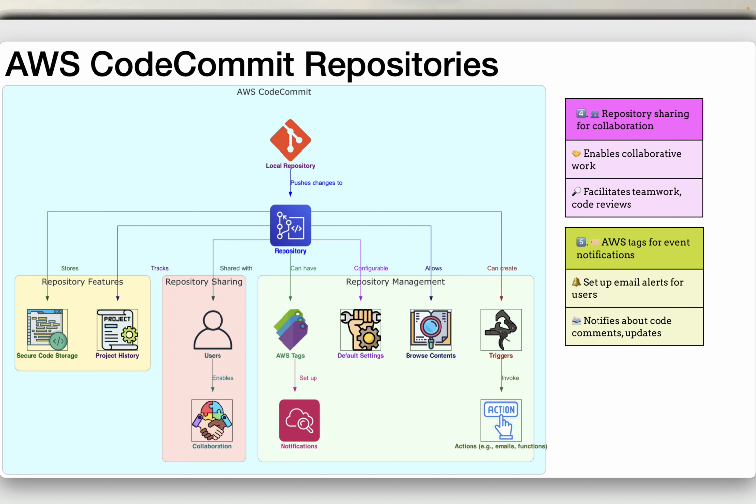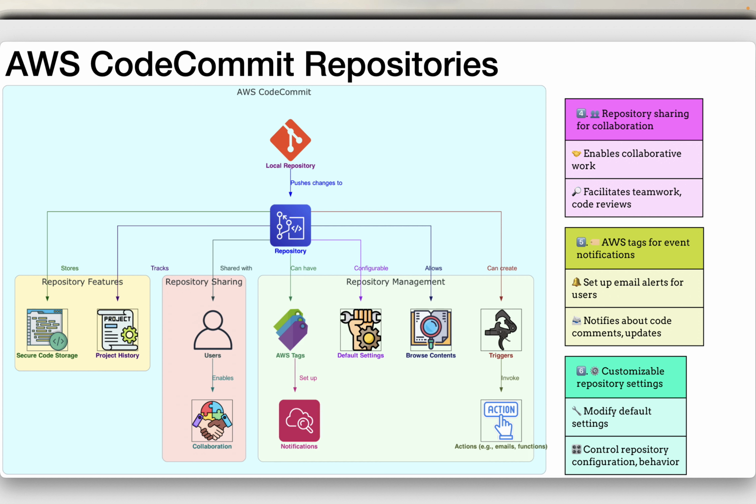By adding AWS tags to repositories, you can set up notifications that alert repository users via email about important events such as code comments or updates. CodeCommit allows you to modify the default settings of your repository, giving you control over various aspects of your repository's configuration and behavior.